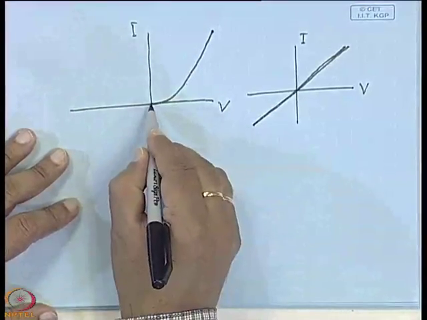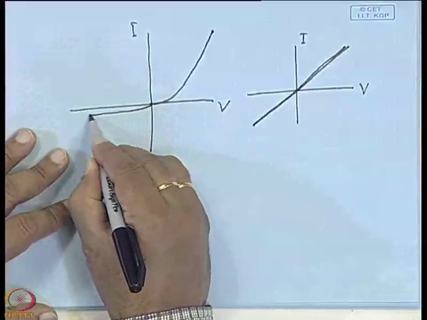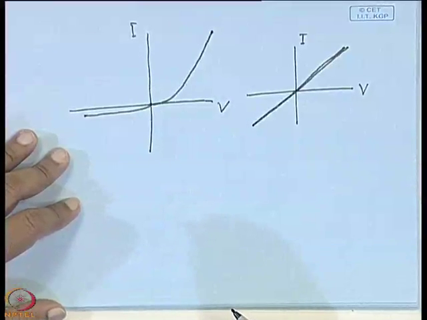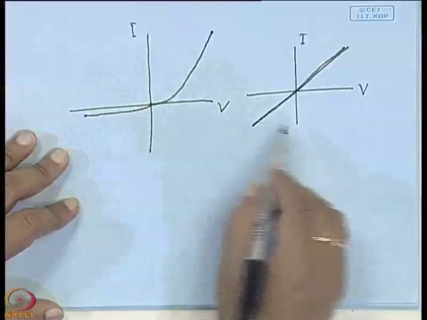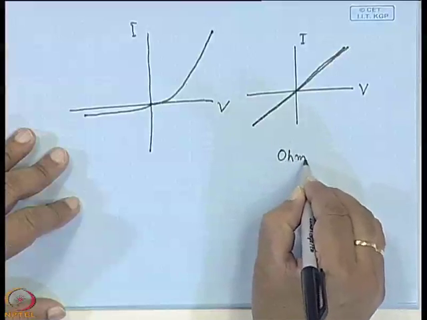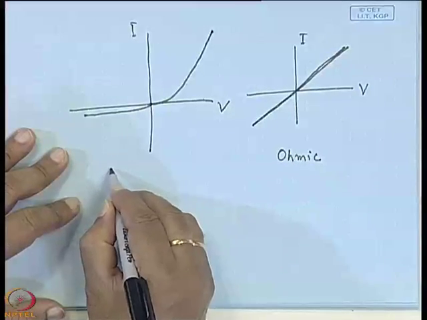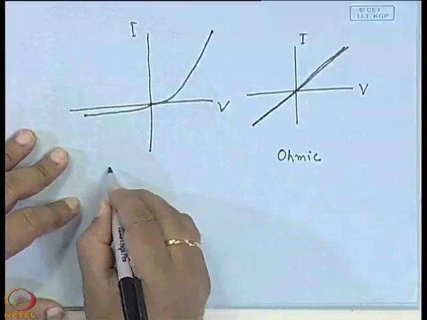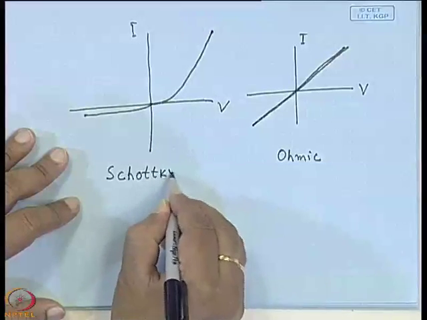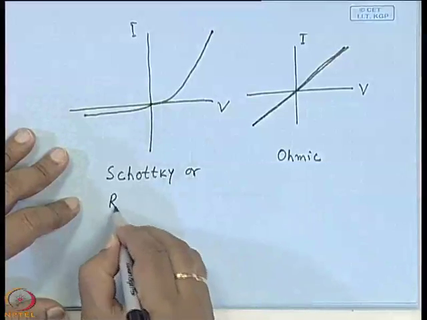Okay. And in the reverse bias, a small amount of reverse current will be made available. Okay. So, these are the two contacts: this is ohmic contact, this is non-ohmic contact, basically known as Schottky or rectifying contacts.